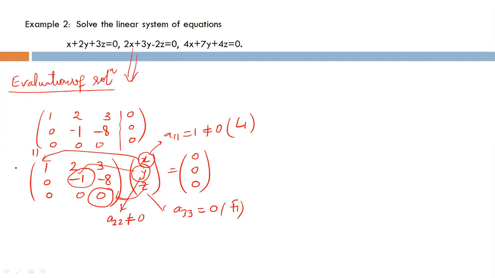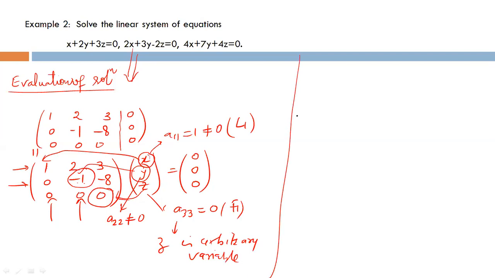We can see that this row and this row have non-zero leading elements 1 and minus 1, so both are leading rows. Similarly, both the columns are also leading. It means z is an arbitrary variable.